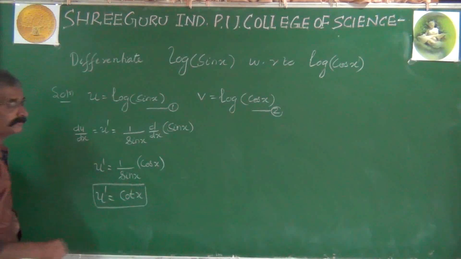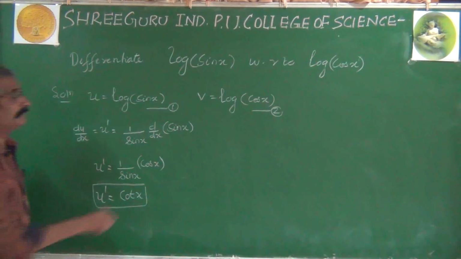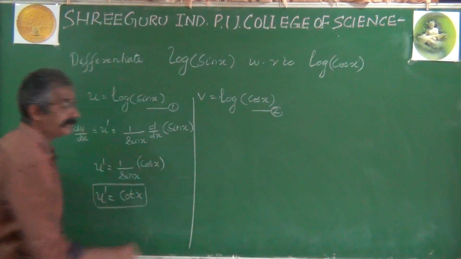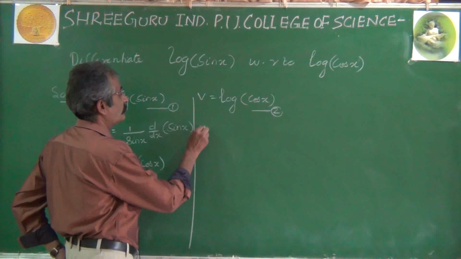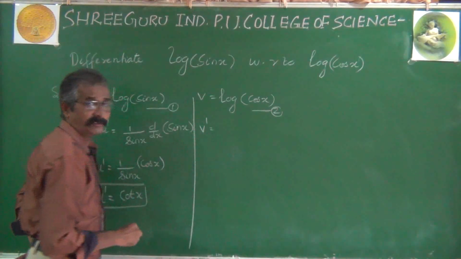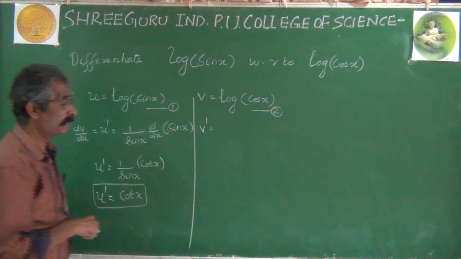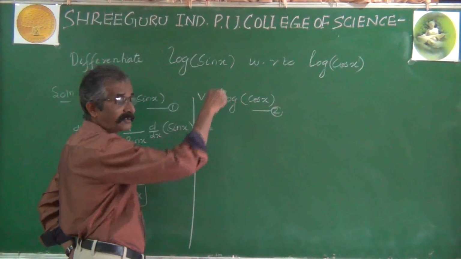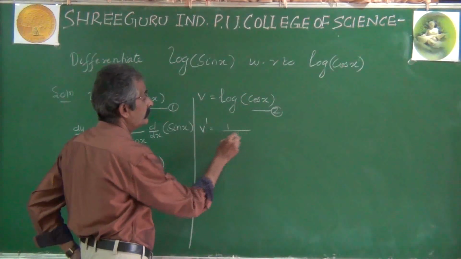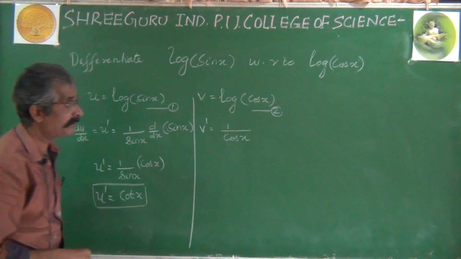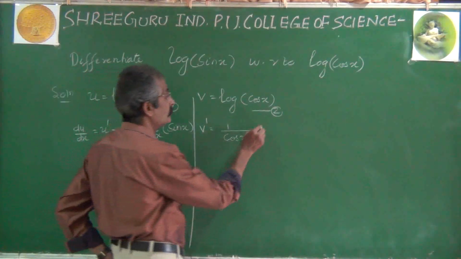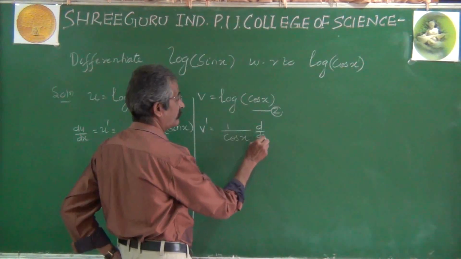In the same manner, differentiating 2 also with respect to x. Now v dash, dv by dx, equals, the first function is log, whose derivative is 1 divided by the function, means 1 by cos x into differentiation of cos x.